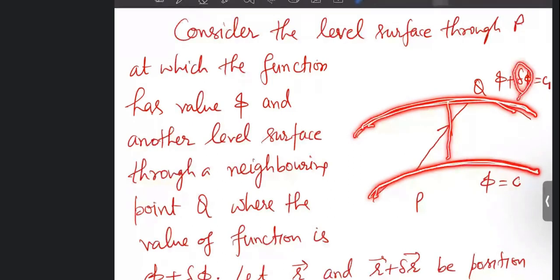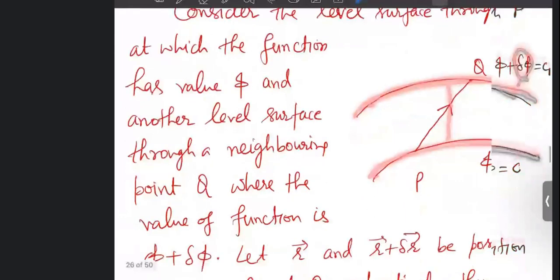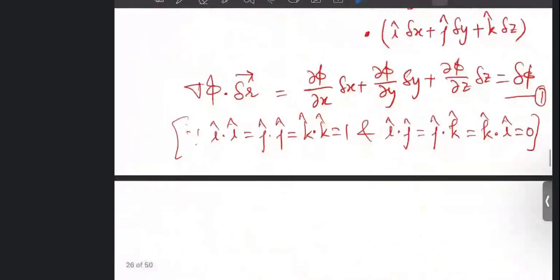It means delta phi will become 0. From equation 1, since delta phi becomes 0, this dot product will become 0.